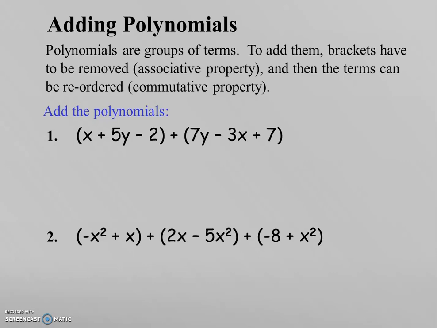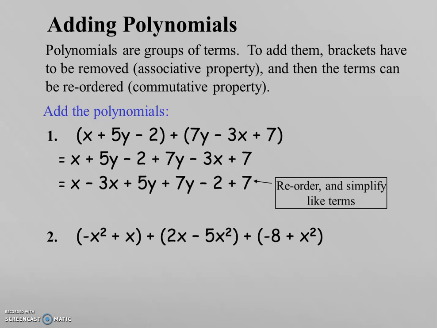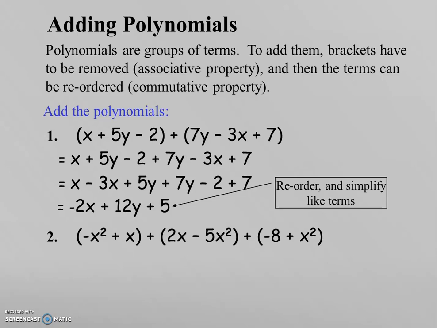Now, since there's no multiplier on the bracket and there's no subtraction in front of the bracket, these questions are a little easier. So our first step is simply remove the bracket. Nothing changes. Secondly, we try and put these in order. We want the like terms together. Then we combine those like terms and we get a trinomial at the end of it all.